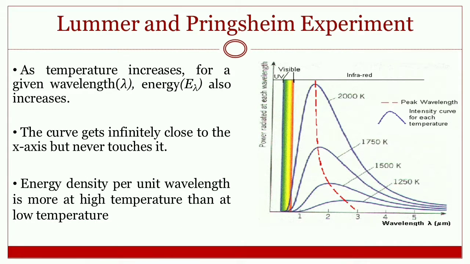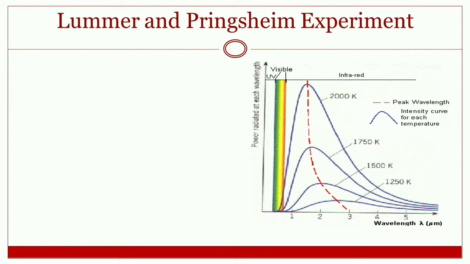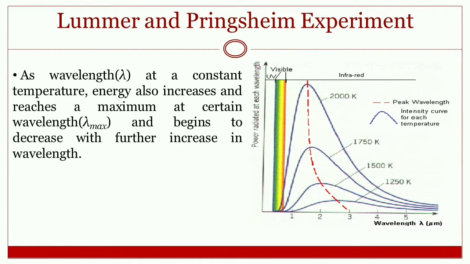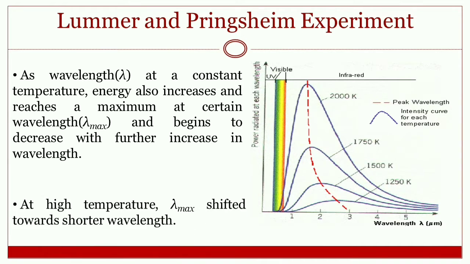Then thirdly, the energy density per unit wavelength is more at high temperature than at low temperature. That is, you can see the energy density in case of high temperature is more. So fourth, the intensity at first increases with increase in wavelength and then begins to decrease.